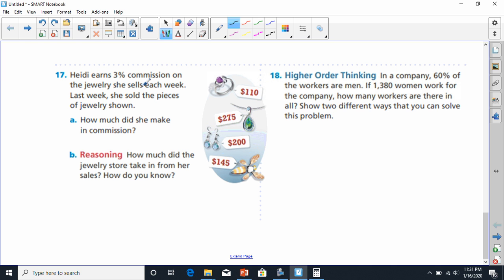All right, let's try this now. First of all, let's add up all of the things that she sold. We got 110, 275, 200, and 145.